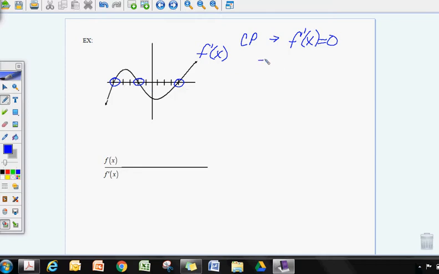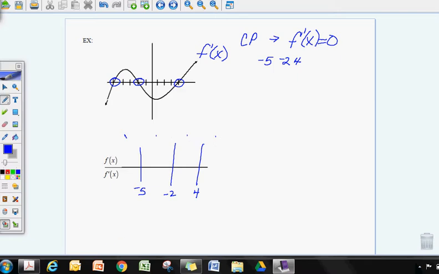At -5, there is a critical point. At -2, there is a critical point. And at +4, there is a critical point. Can you see there are 4 regions that I'm going to have to check?